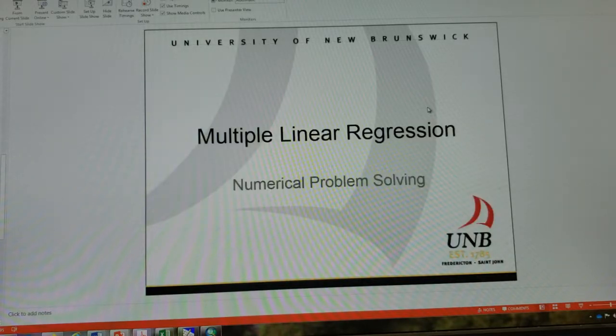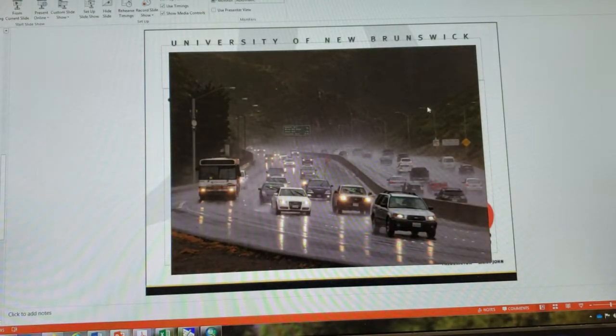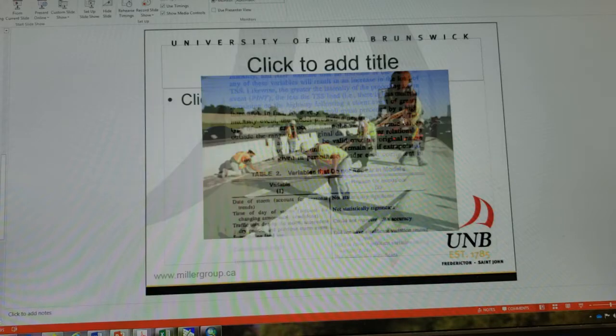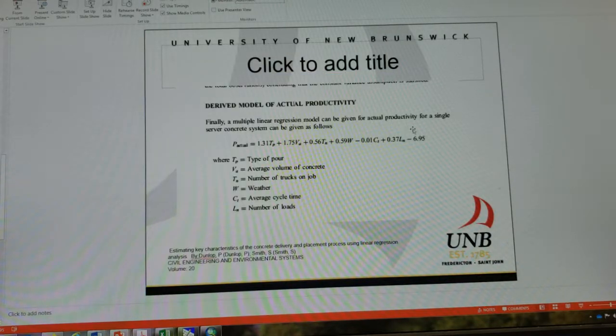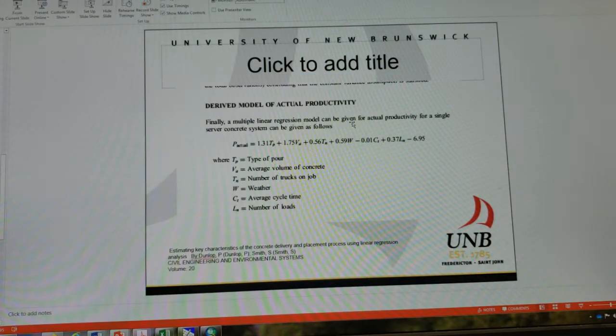So if we start moving into multiple linear regression, here are the things in an equation that impact productivity, for example.